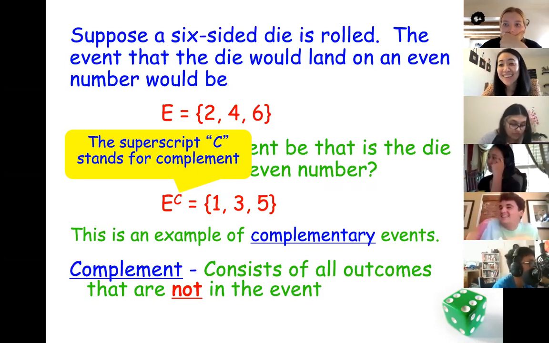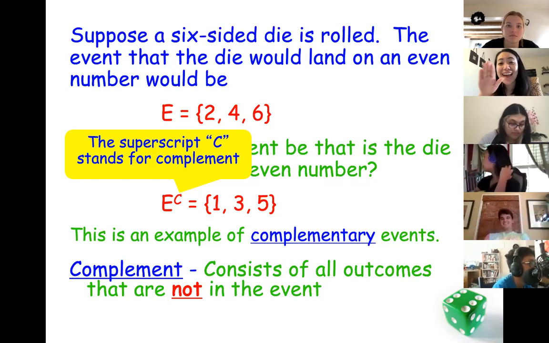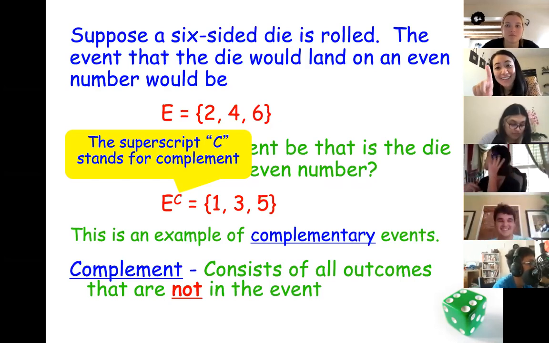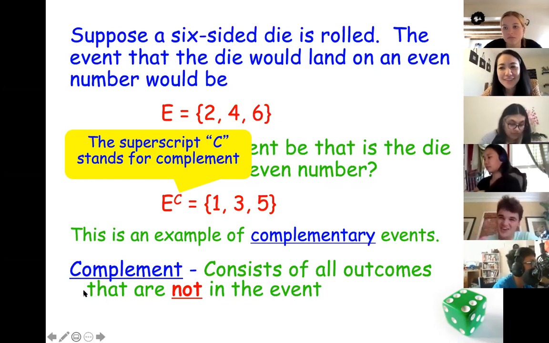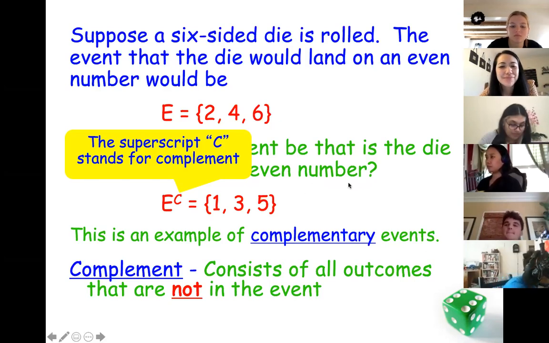Okay. Don't confuse it with that kind of compliment with an I. This is the one with an E, okay? Though your hair does look fantastic today. You're welcome, you're welcome. Okay, so yeah, complement, just think opposite. Complement means opposite. All right, any questions on that one?